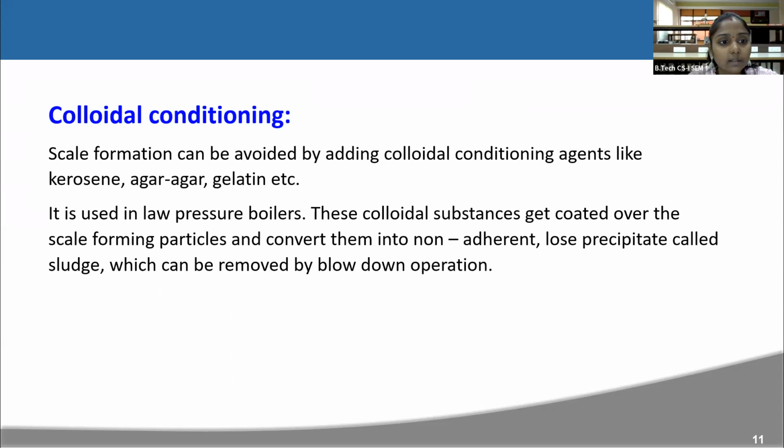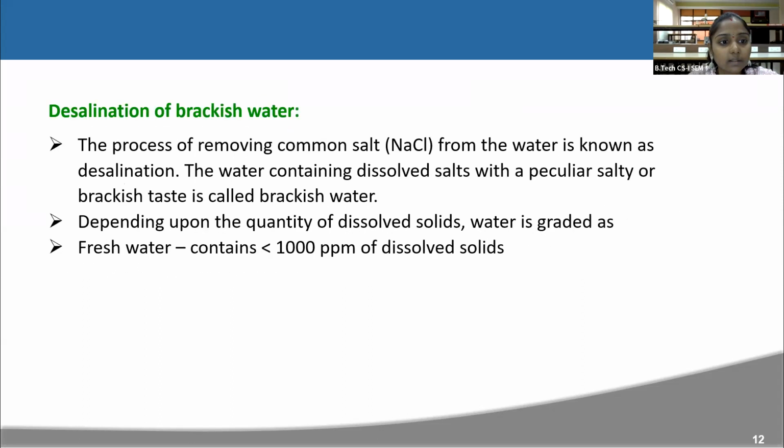And next one is desalination of brackish water. The process of removing common salt from the water is known as desalination. You know the meaning of saline water? Saline water is nothing but salt water. So in the name only desalination is present. Desalination means we have to remove the salt.